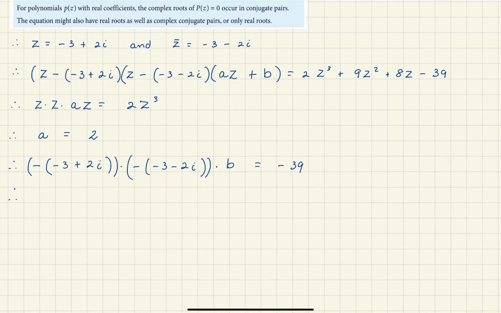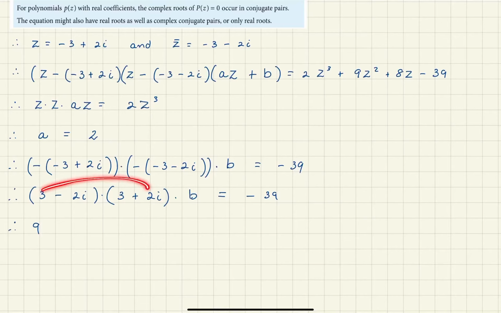Therefore 3 minus 2i, so I'm just multiplying that negative through, times 3 plus 2i, so you can see there's a difference of 2 squares there, times b equals negative 39. Therefore, so 3 times 3 is 9, and then I know that the middle term is going to fall away, so I'm not going to multiply that out.